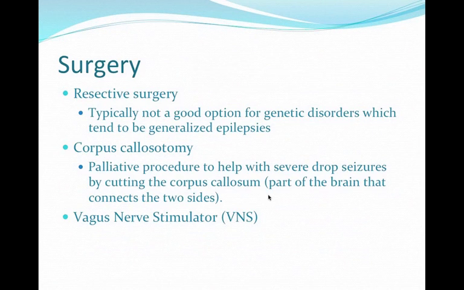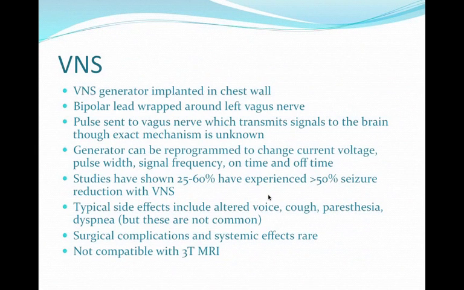Again, it's kind of like the diet. We don't know why it works so much, but 50% or more of kids can have a 50% seizure reduction. So it's not curative, but if you're having tons and tons of seizures every day and nothing's helping, that can really decrease them significantly with very little risk of anything else. So that's what I just talked about.